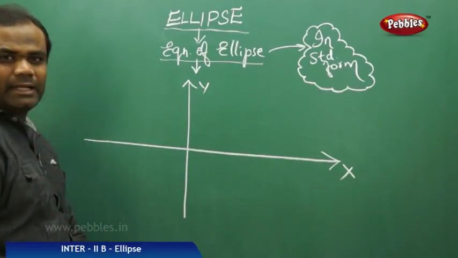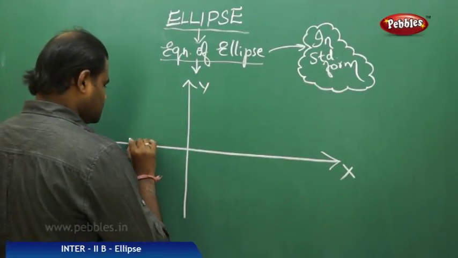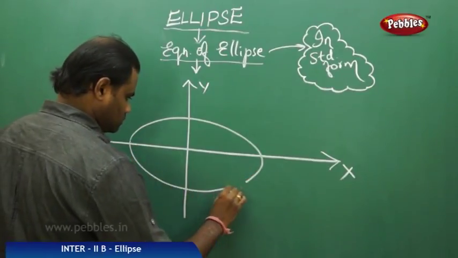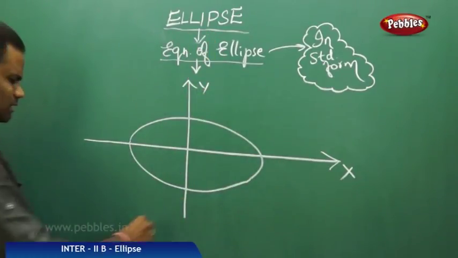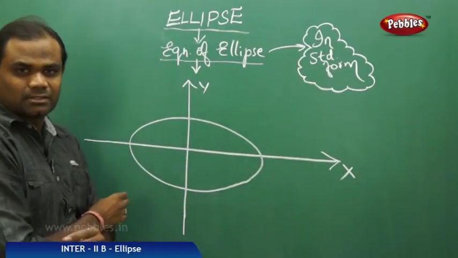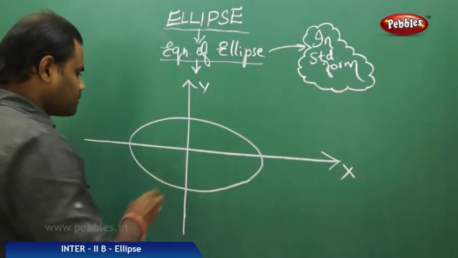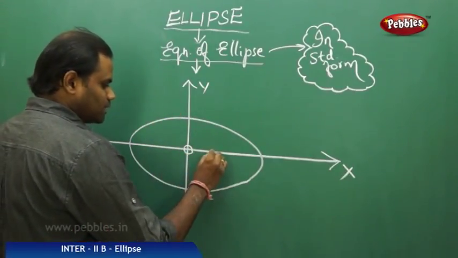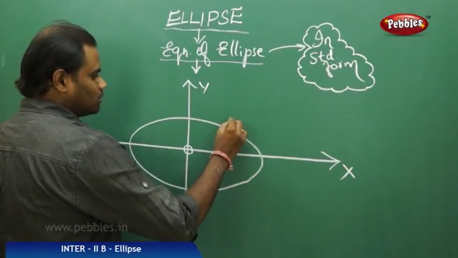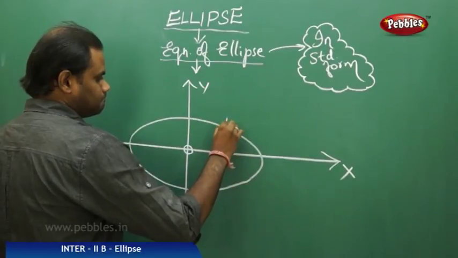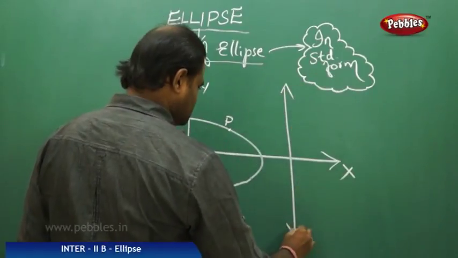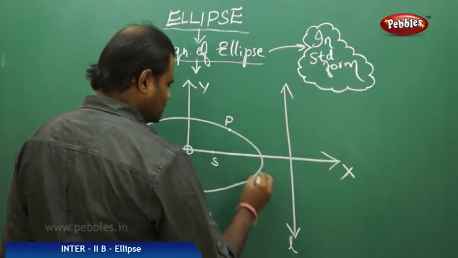Now we know that an ellipse is generally an oval shaped structure in this form, which is exactly symmetric about the x-axis and y-axis. This is exactly in the center, where this is the origin and this is the focus and this is the point P on the ellipse, and this is the directrix L.